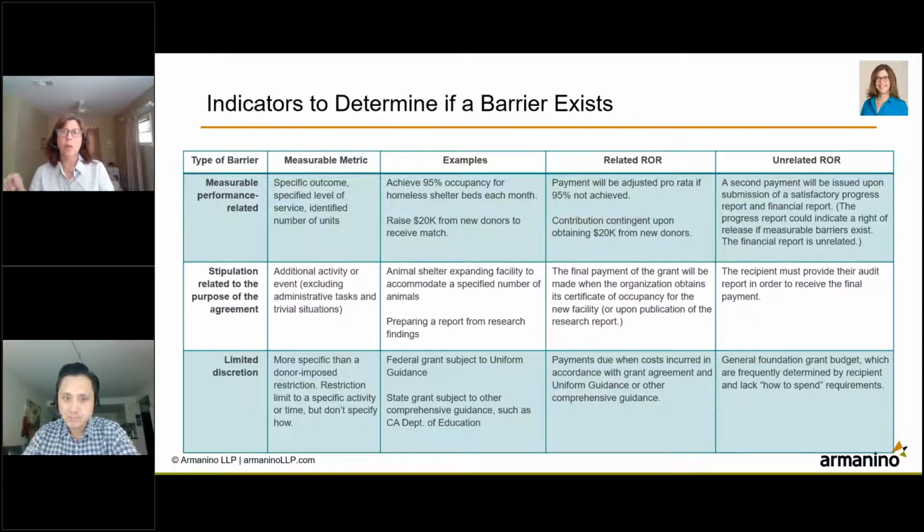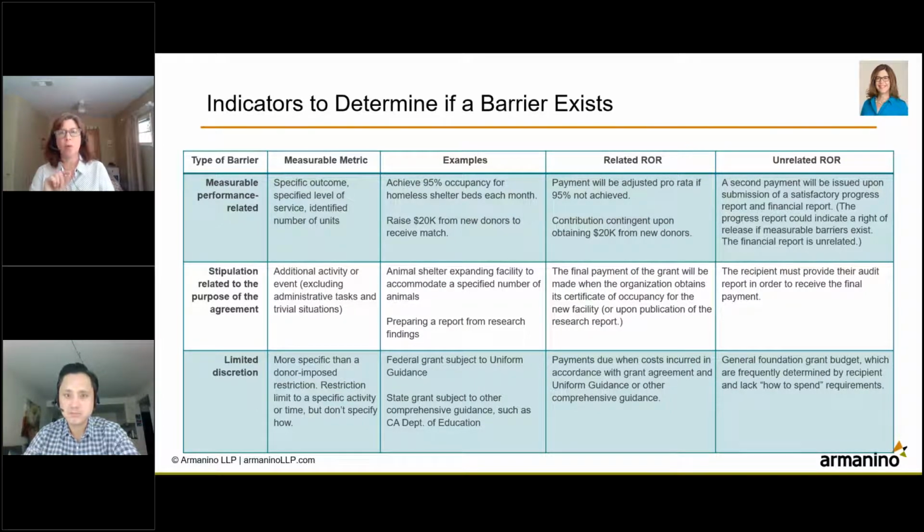A thing that you will frequently see in grant agreements is something like what's in this box up here in the top right: a second payment will be issued upon submission of a satisfactory progress report and financial report. This is where things get a little tricky. The report itself is most likely to be an administrative item.